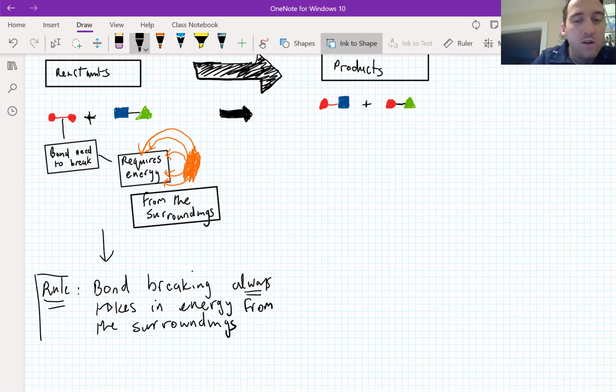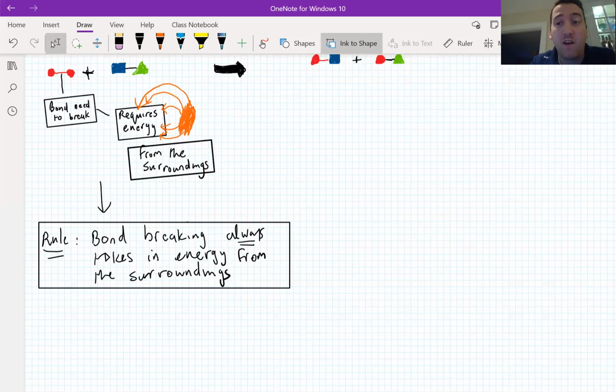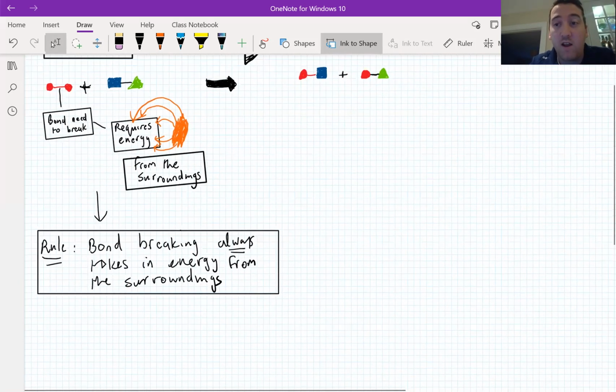How much energy? That's a good question. It depends on the substance, basically the atoms and the bond between them. It depends what type of atoms we're talking about and what type of bonds we're talking about. It's going to be a different amount of energy for different substances. So different atoms chemically bonded to other atoms are going to have different amounts of energy.